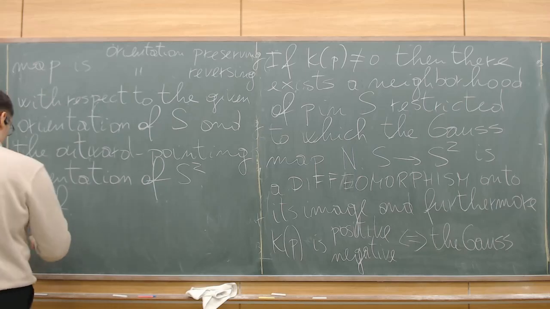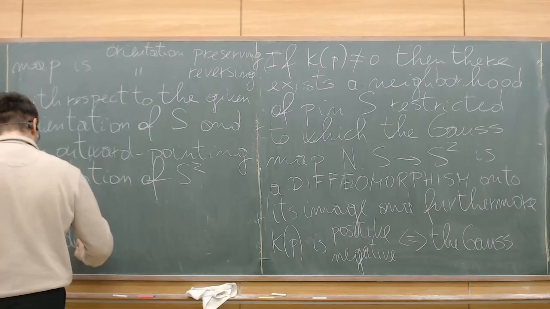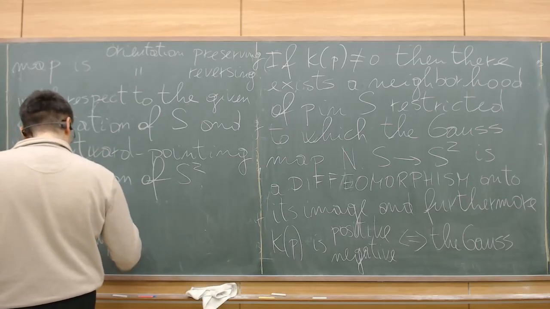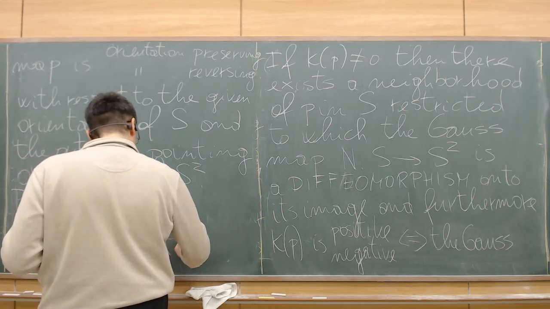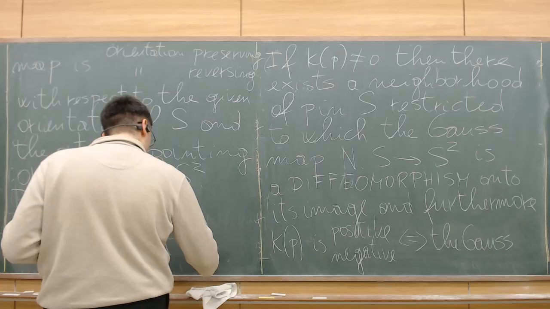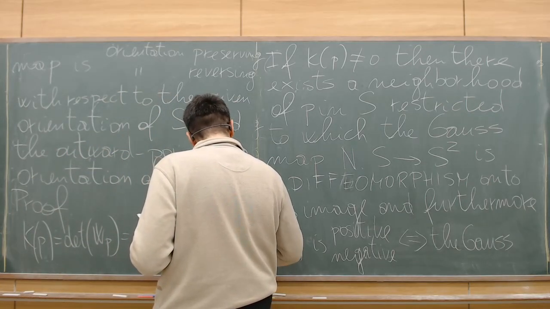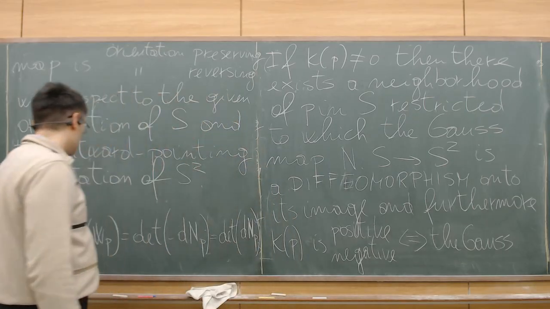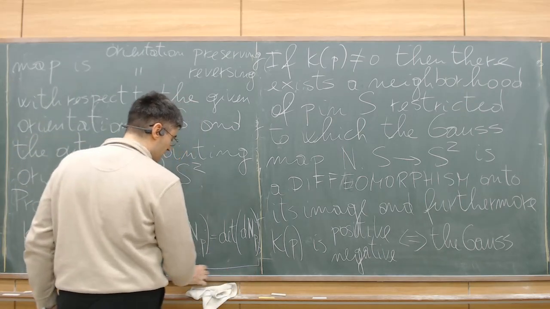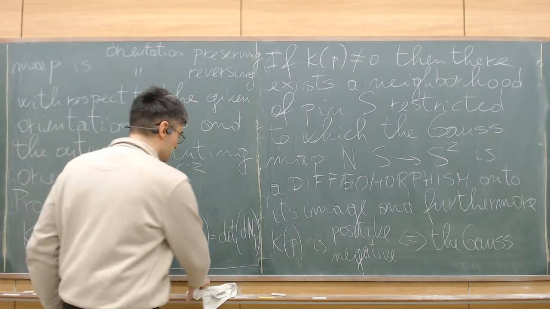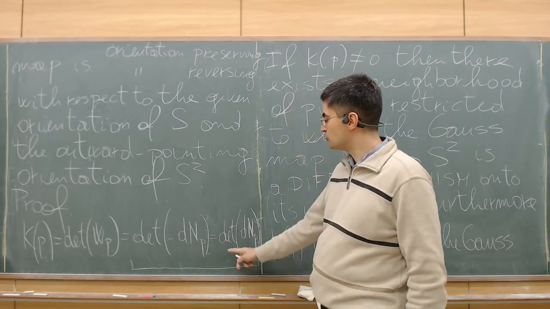Okay, first of all, let's observe that we have this identity. The first two is just definition. What is interesting is the last one. Why is this true, that the determinant of minus dnp is equal to the determinant of dnp?